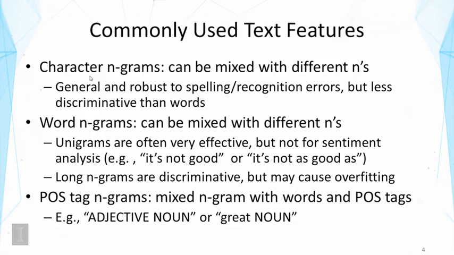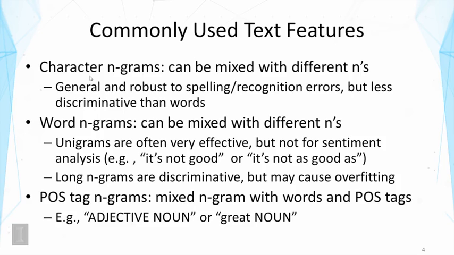So next we have word n-grams, a sequence of words. And again, we can mix them with different lengths. Unigrams are often very effective for a lot of text processing tasks, and it's mostly because words are well-designed features by humans for communication. And so they are often good enough for many tasks, but not sufficient for sentiment analysis, clearly.